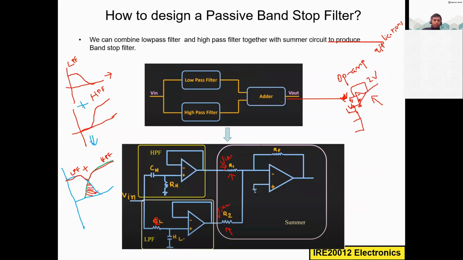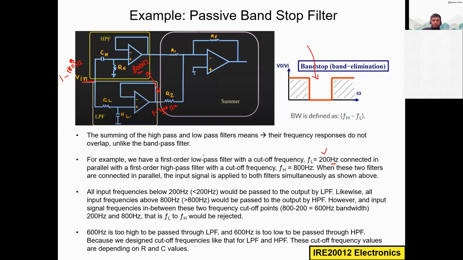By adding them together with the help of this summer circuit, we reject these in-between frequencies. So 600 hertz is too high to be passed through this LPF. Yes, because it will only pass up to 200 hertz. It cannot pass these high frequencies.